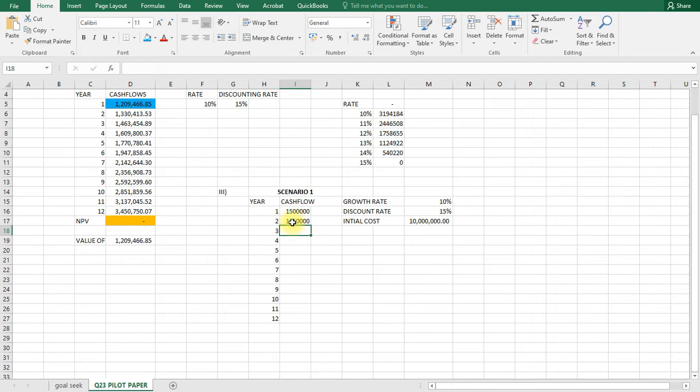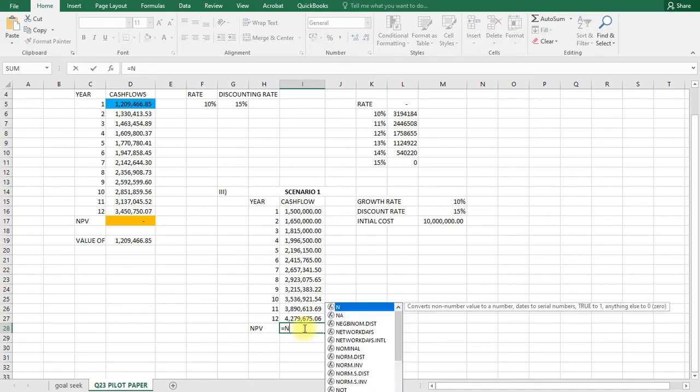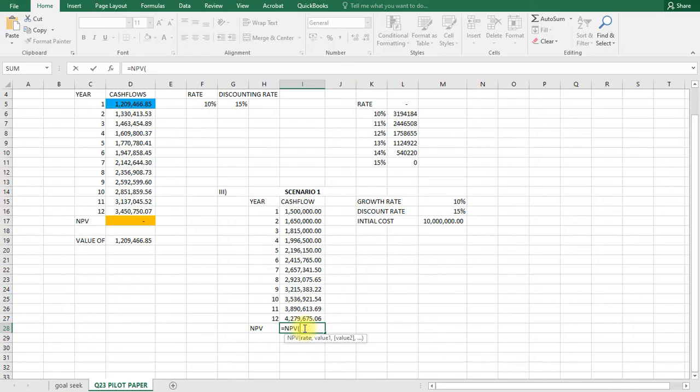That's what will grow, and I will autofill that way, and I can use the 1000 separator for it to look good with 2 decimals. So my NPV at that particular scenario 1 will be is equals to NPV. I will tab that. So my rate, discounting rate, is 15.